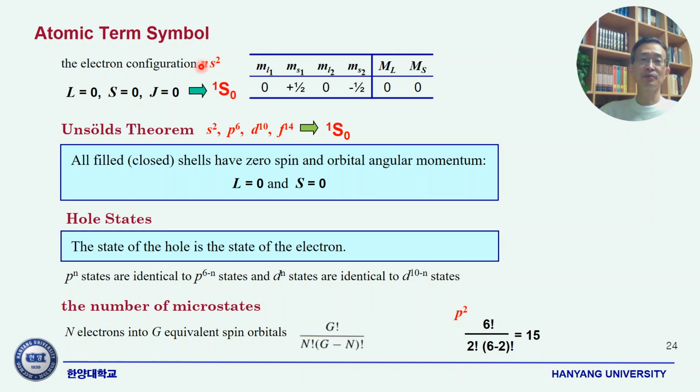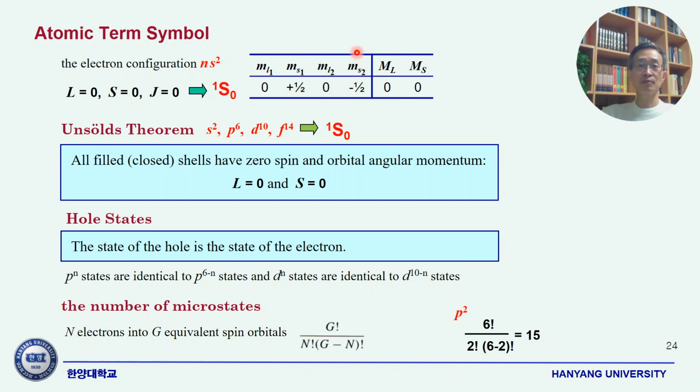It's not really important here because inner shells are all filled, we assume, in the ground state at least. So in this case for helium, ml1 equals 0, ms1 equals plus half, ml2 equals 0, ms2 equals minus half.